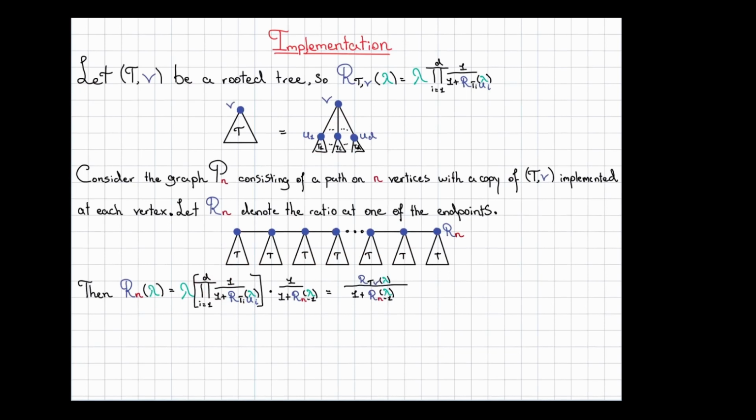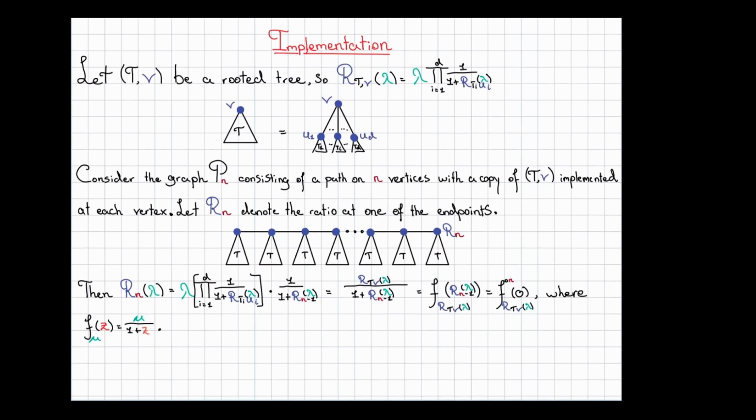So in other words, the ratio of this tree that I've implemented divided by 1 plus the ratio of a path of one length shorter. If you iterate this, you can see that it's just an iterated Möbius transformation, namely this Möbius transformation F_mu(z) with parameter mu, where it's mu divided by 1 plus z, where I've taken mu to be this parameter, this ratio of this tree.